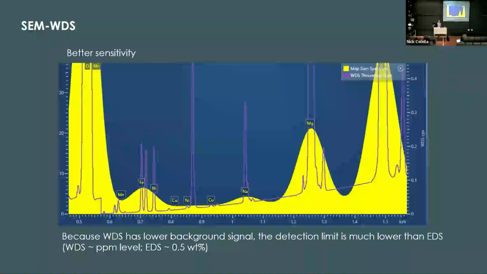But if we're trying to do nanoparticle analysis, WDS is not often the best choice. Okay, thank you. So better resolution and better sensitivity.